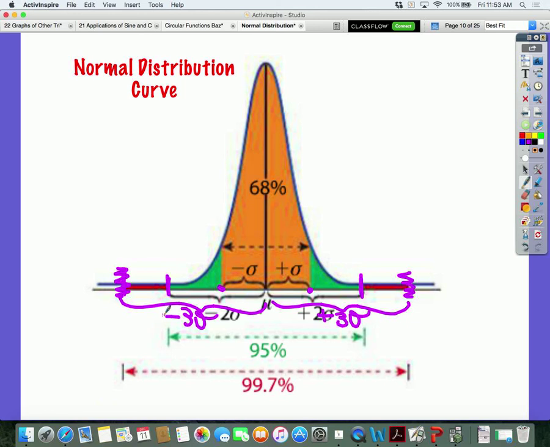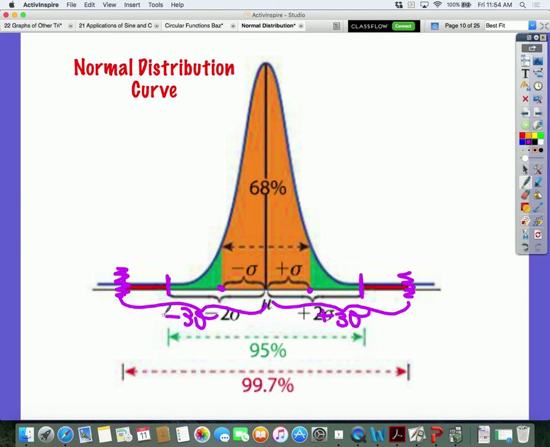Sometimes they may ask you to draw these different types of probabilities. That makes up 99.7% of your probability. This is yeah, and it's always broken down like this. They could ask you a question like this in a non-calculator section, and you would need to know these probabilities.